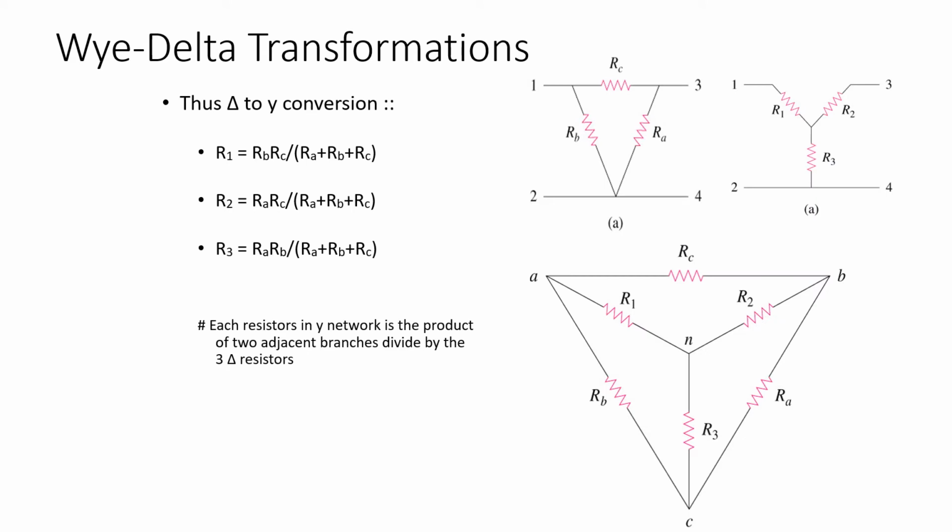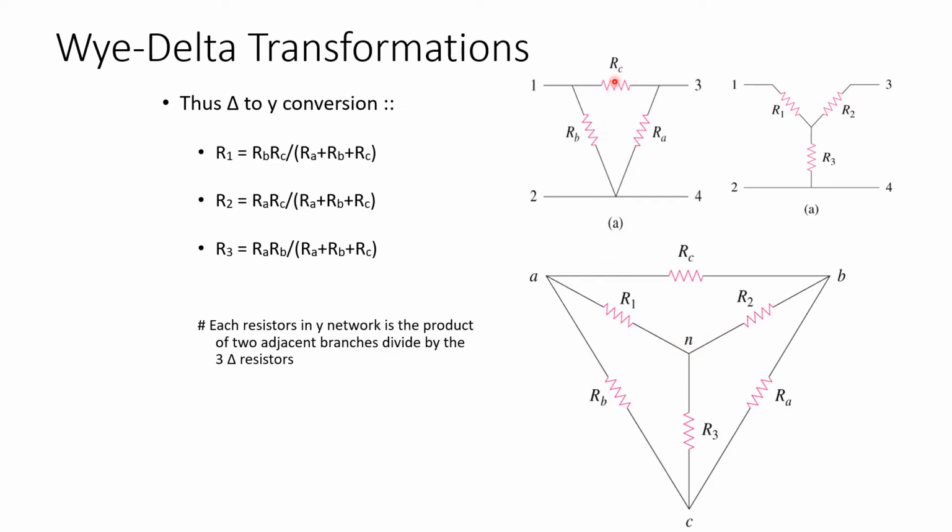So let us consider a delta network, and now we are going to convert that delta network to a Y network. Put this Y network in between that delta network, and you will get this overall circuit. Here this is basically the delta network, and you place this Y network into it.